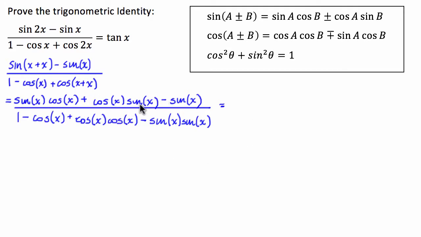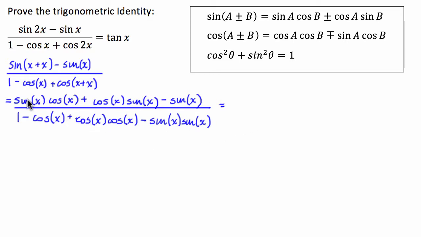So with the numerator, sine of x, cosine of x, and this one here, cosine of x, sine of x, are the same thing. So they're like terms. We're going to be able to add them together.